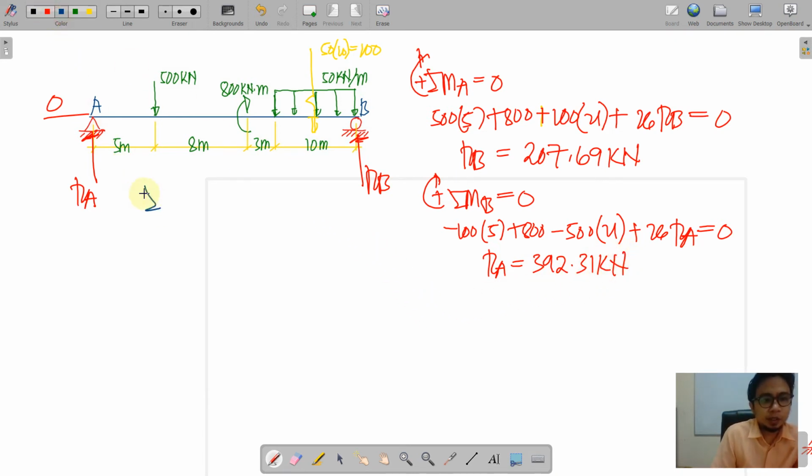So our check mechanism is this summation forces vertical is equal to 0. So the downward force is 500 and another 100 here. Is this equal to the upward force, 207.69 and 392.31?